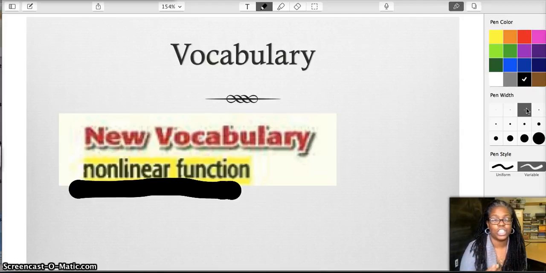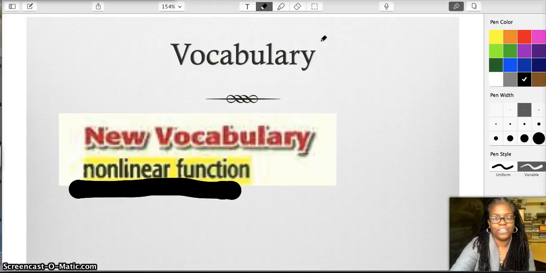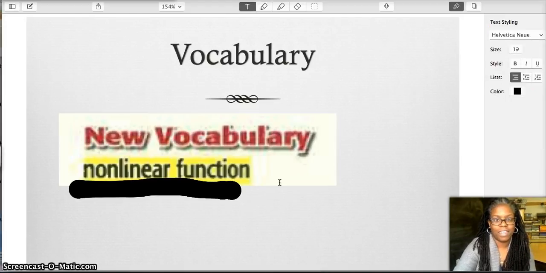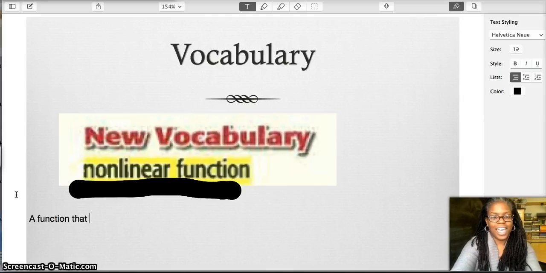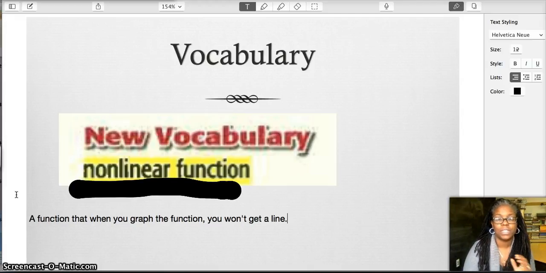A nonlinear function is a function that, when you graph the function or the ordered pairs that make up the function, you won't get a line. That's basically what a nonlinear function is, and we're going to look at some examples and some characteristics so we can actually determine what we have.